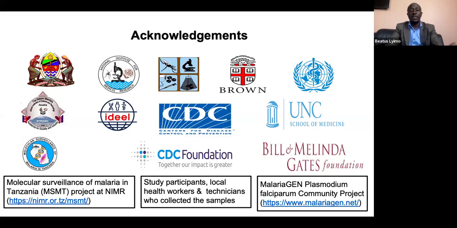That will help the country using the vaccine to do the monitoring, because it is very important to monitor how they respond. As we know, the parasites do undergo several changes, especially when they come across a new vaccine, so they need to survive by themselves. So it is important to have the baseline information that is going to help during the monitoring of the vaccine performance in the population.